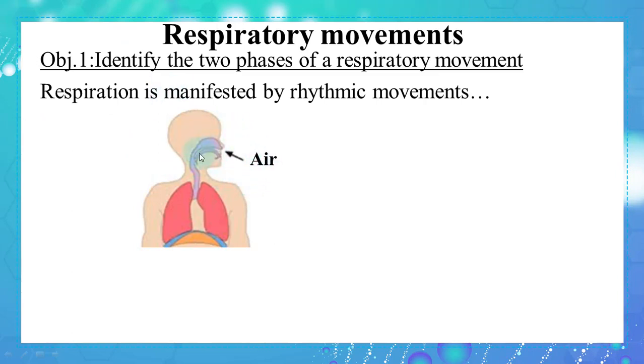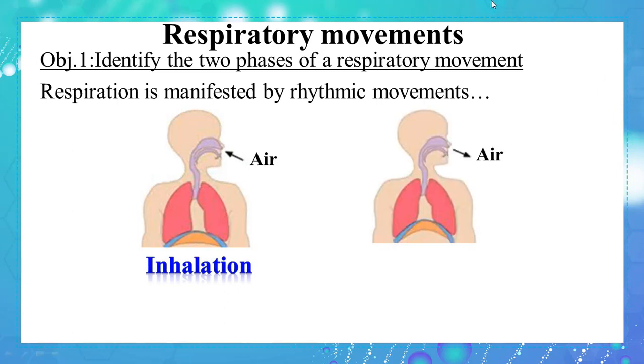So, the phase of the respiratory movement shown here is called inhalation. Now observe this figure. What does the direction of this arrow show? The direction of this arrow shows that the air is leaving the human's body. So, this phase of respiratory movement is called exhalation.